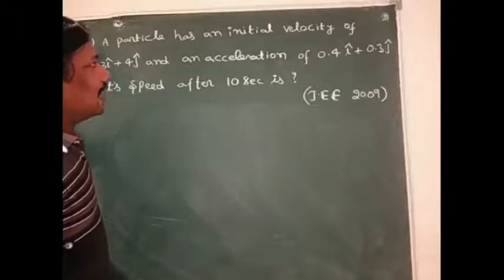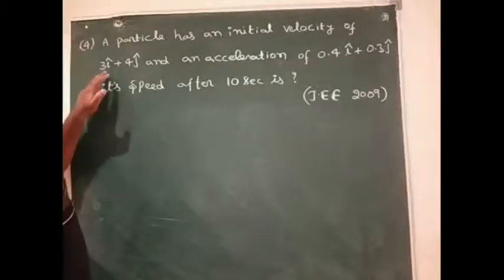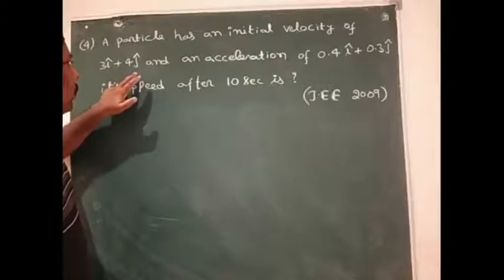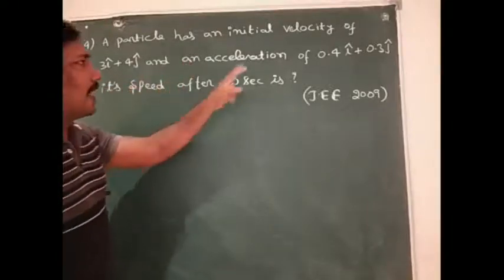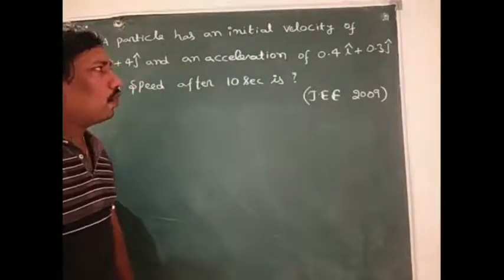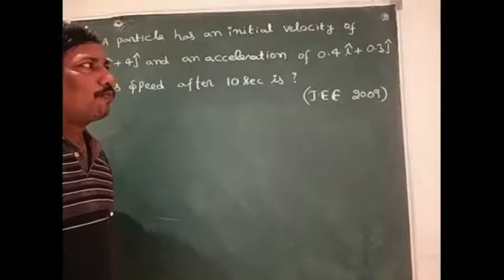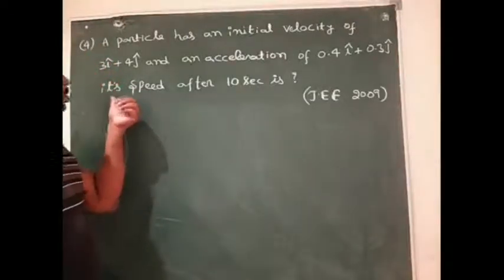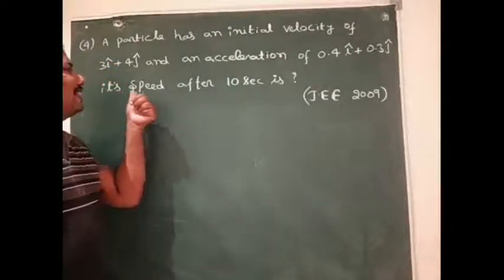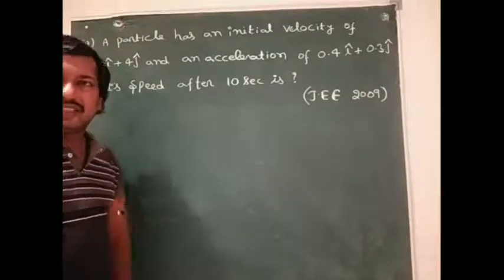A particle has an initial velocity of 3i cap plus 4j cap and an acceleration of 0.4i cap plus 0.3j cap. Now we can find out its speed after 10 seconds.